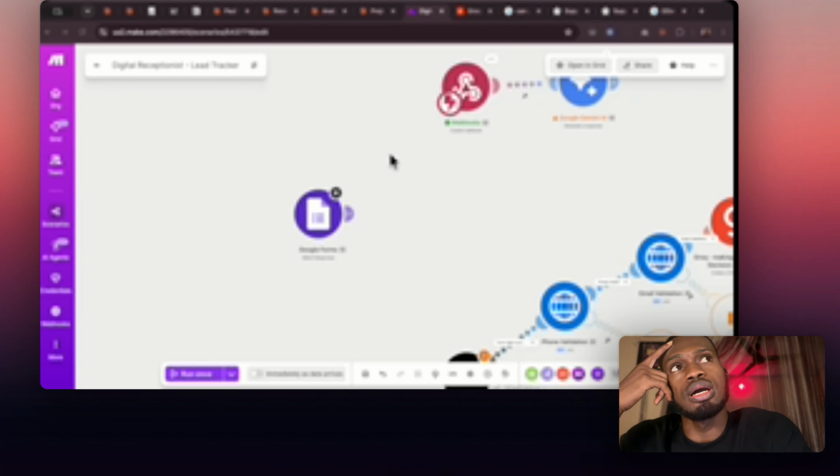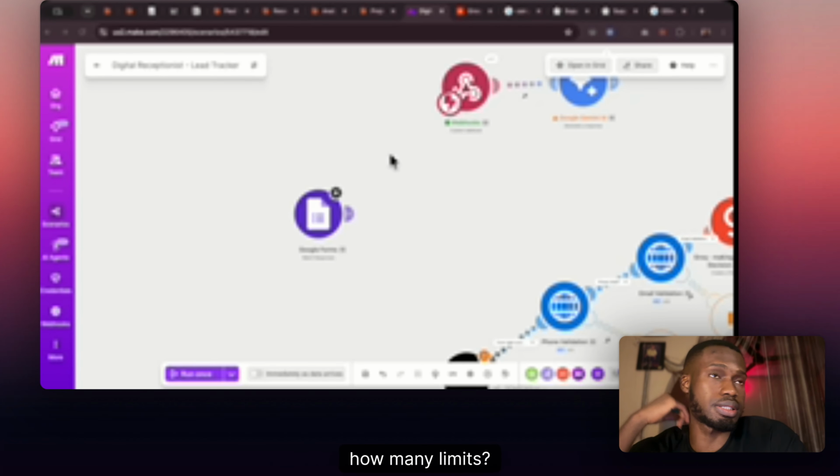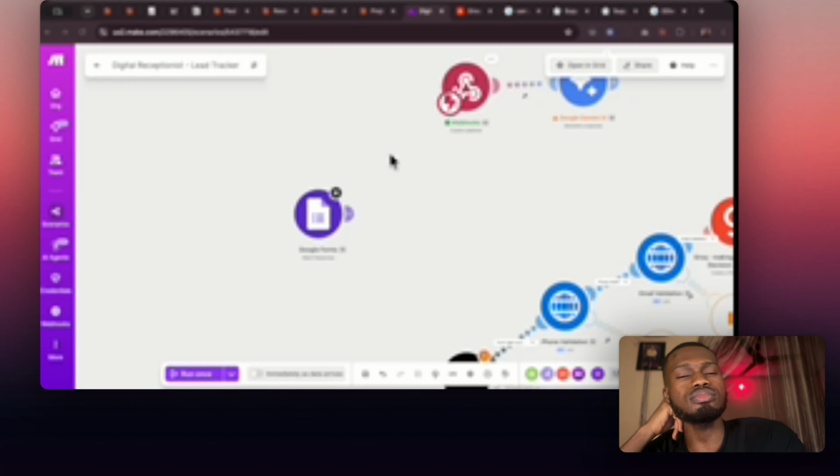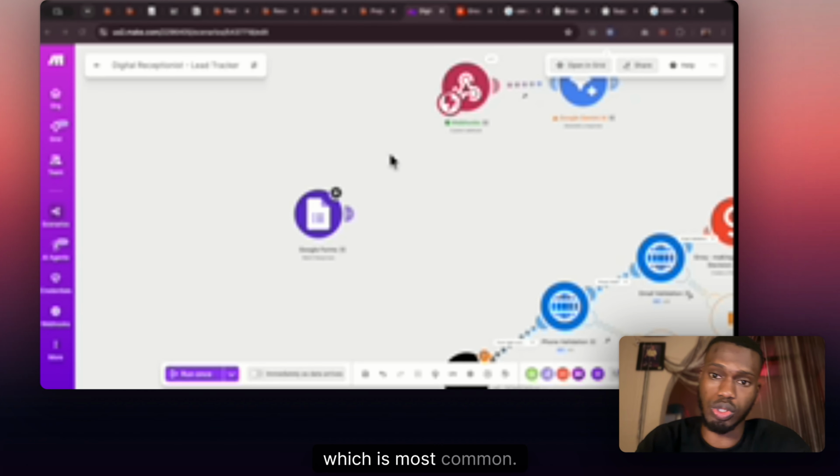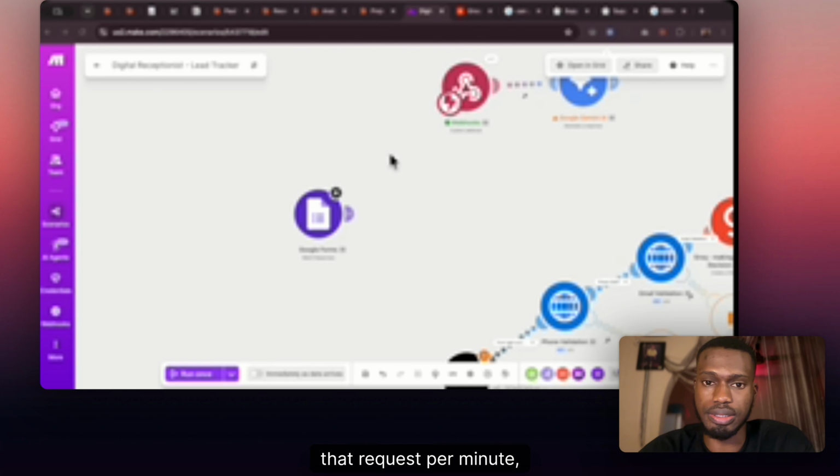So how are limits expressed? It varies by the service, basically, and the request per minute, that is the RPM, is most common. That's request per minute, right?